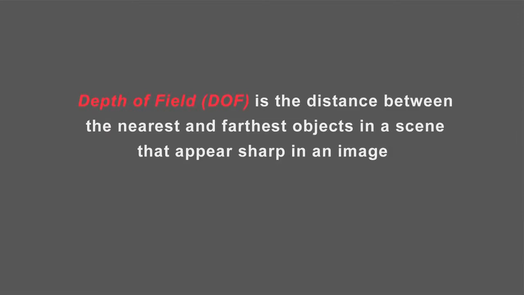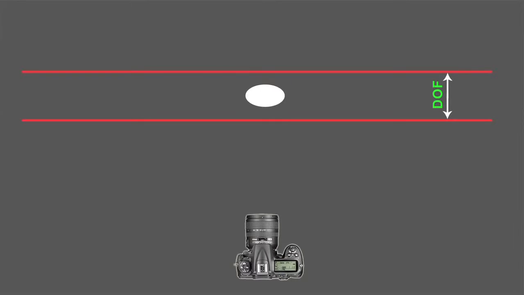Depth of field is the distance between the nearest and furthest object in the scene that would appear sharp or in focus in an image. In this diagram, the white oval would be representing our subject. As we focus on it with our camera, everything between the red lines will appear in focus.